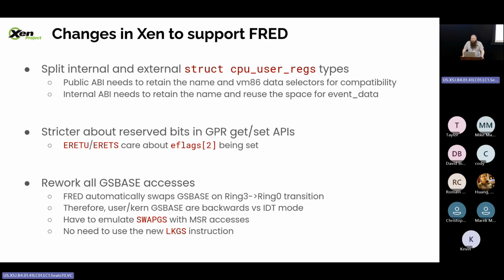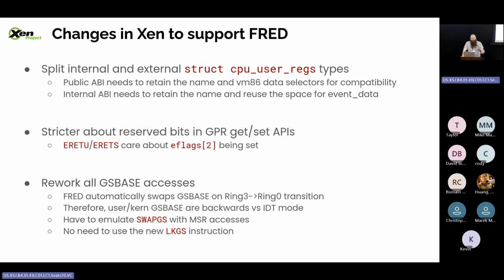The big thing was the split of a type. For reasons of some of the past developers not necessarily being as diligent as we'd like, there was this type used internally within Xen that was also presented externally in the public interface and used in the hypercalls to start a vCPU and set its state.